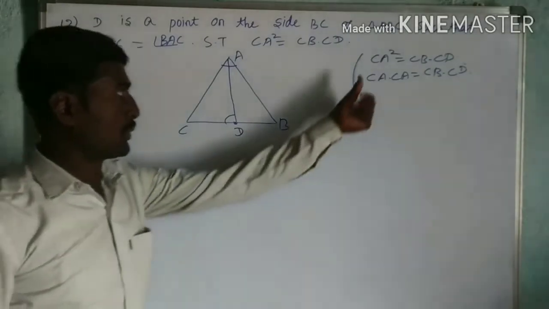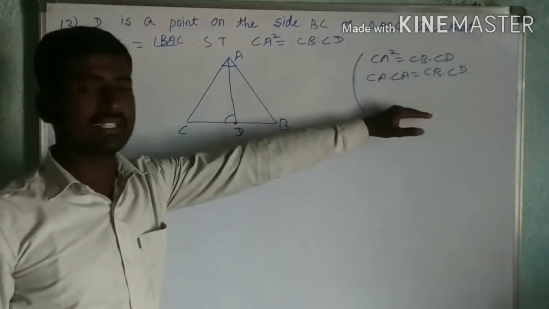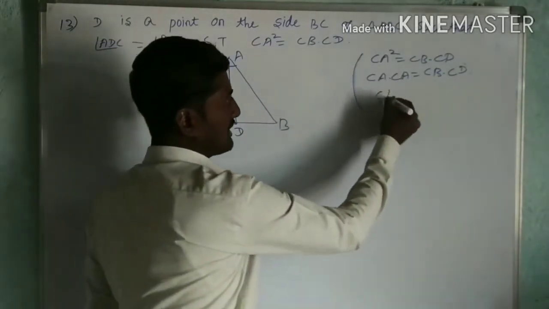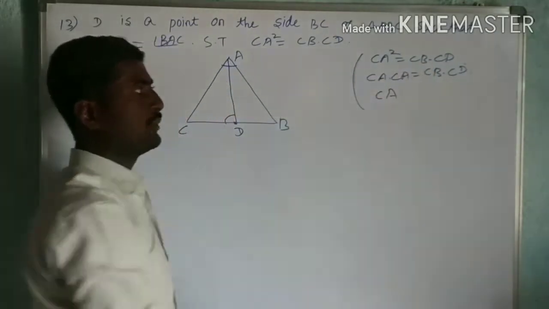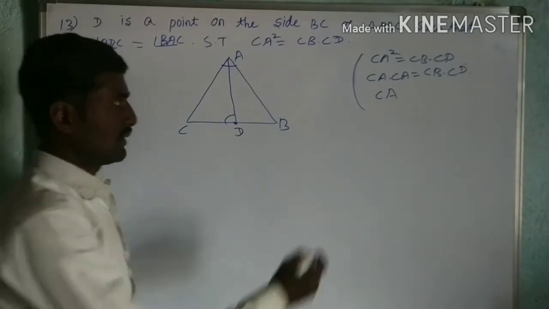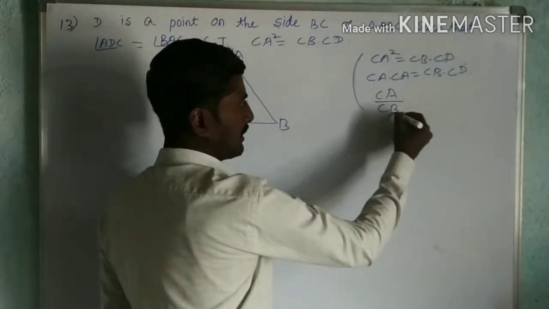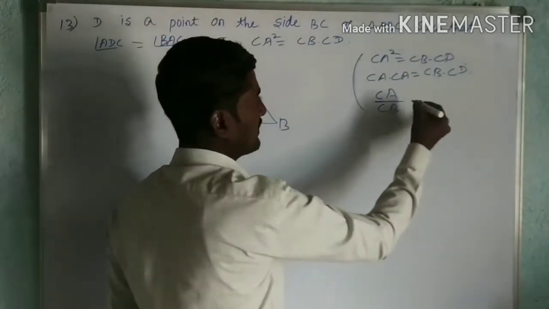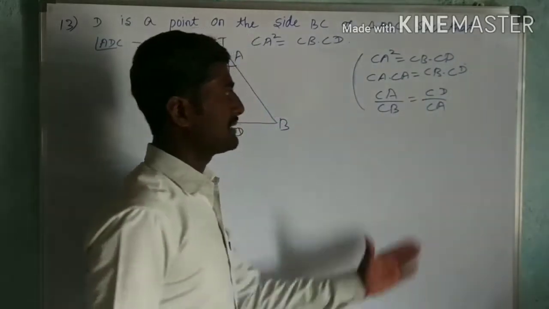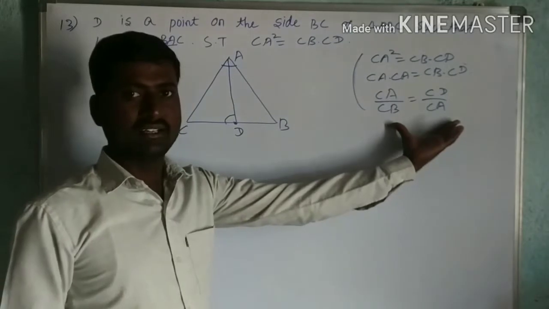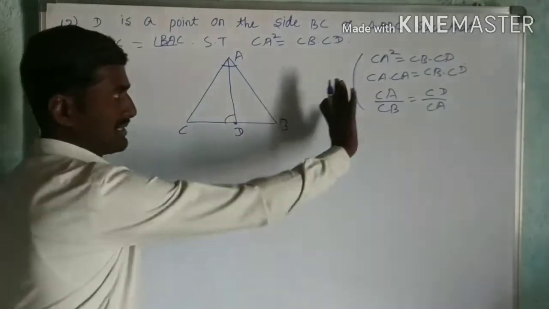Now, to prove this, I am simplifying it. One CA I keep as it is. I will take CB or CD, anyone you can take. First I will take CB, then it is equal to CD divided by CA. Like this I can write. Now keep this as it is.